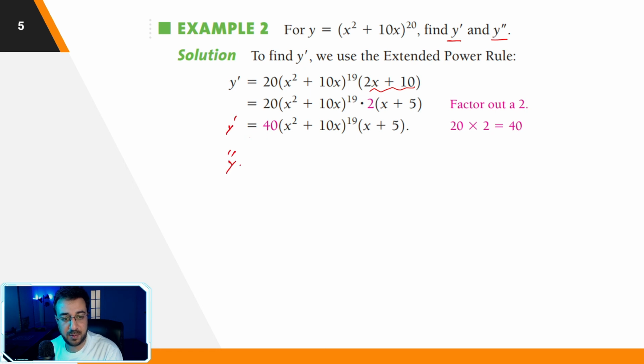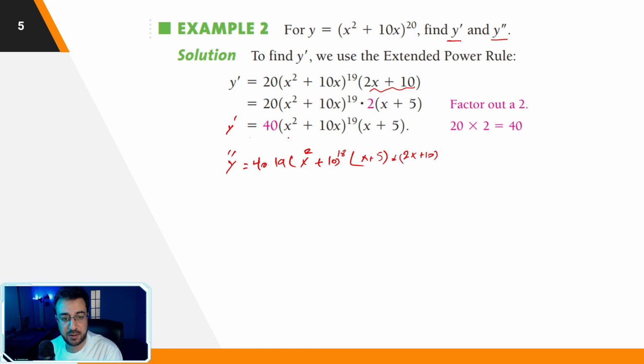Now y double prime, what would it be? It would be 40 by 19 by x squared plus 10x to the power of 18 multiplied by x plus 5 multiplied by 2x plus 10.